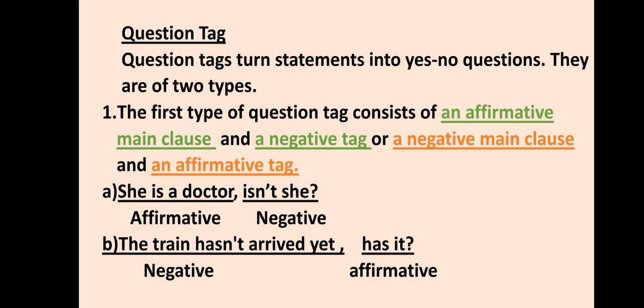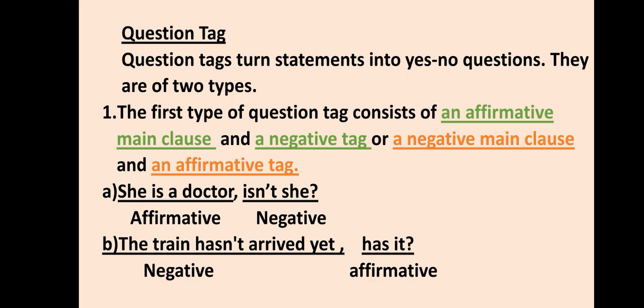Now try to understand something more about question tags. That is also a very important part. Question tags turn statements into yes/no questions. They are of two types. The first type of question tag consists of an affirmative main clause and a negative tag, or a negative main clause and an affirmative tag.